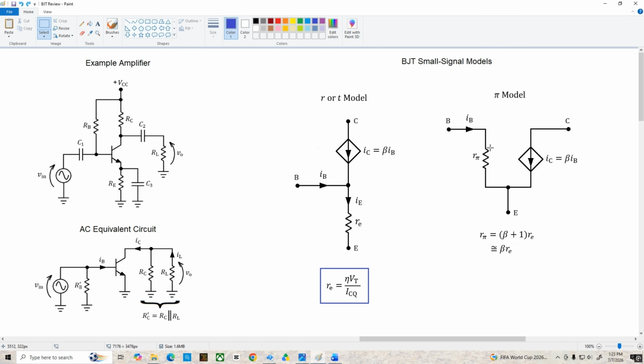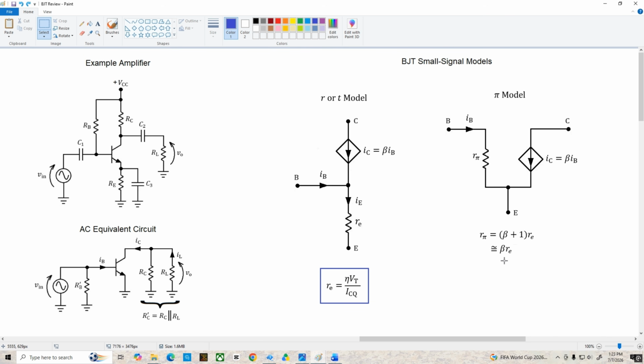And that's why some people prefer the pi model, because it accounts for this effect directly. Instead of looking at little re, we're looking at r sub pi, which is (beta plus 1) times little re. And because beta is typically 100 or so, we can approximate that as being about equal to beta times little re.